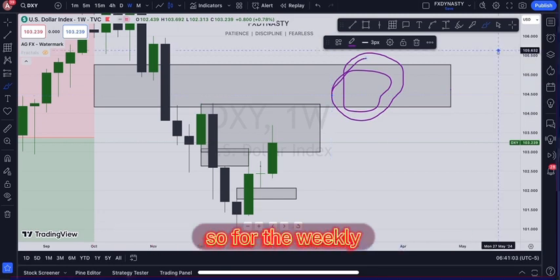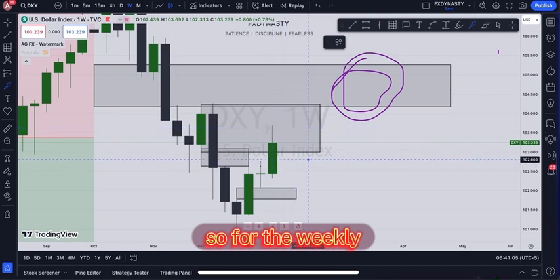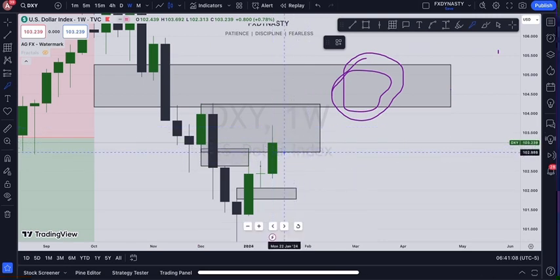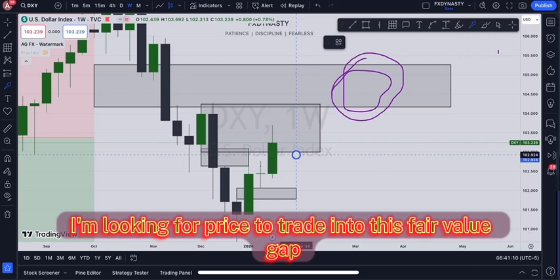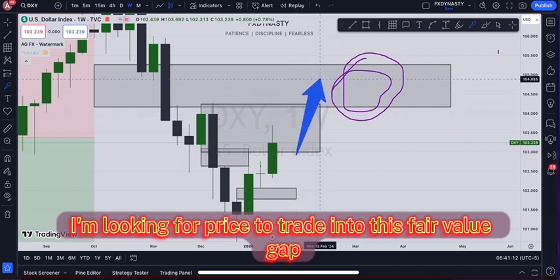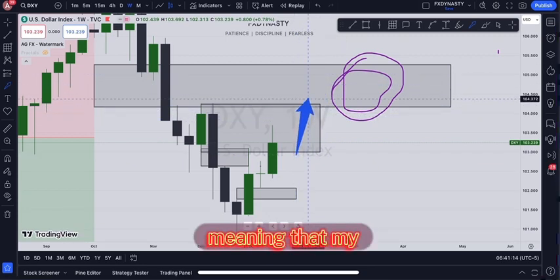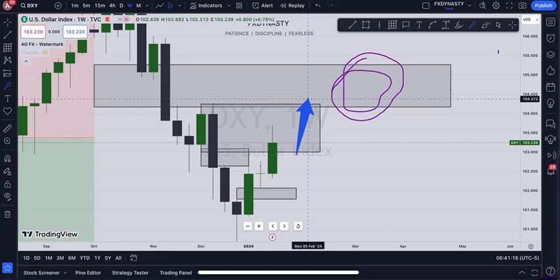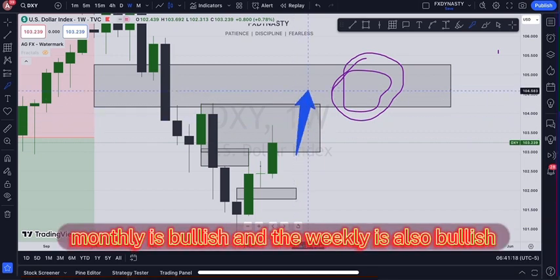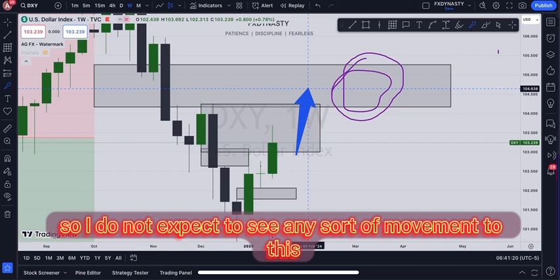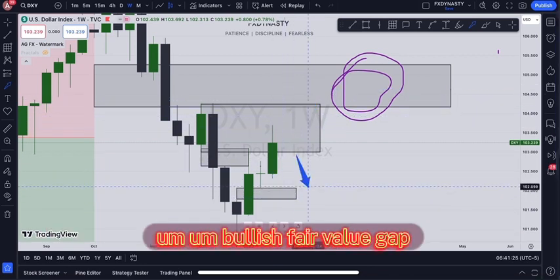So for the weekly, I'm looking for price to trade into this fair value gap, meaning that my monthly is bullish and the weekly is also bullish. So I do not expect to see any sort of movement to this bullish fair value gap.